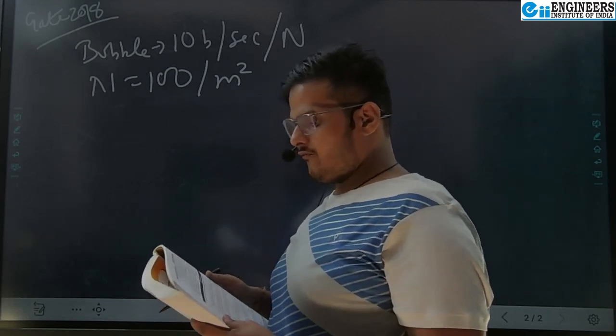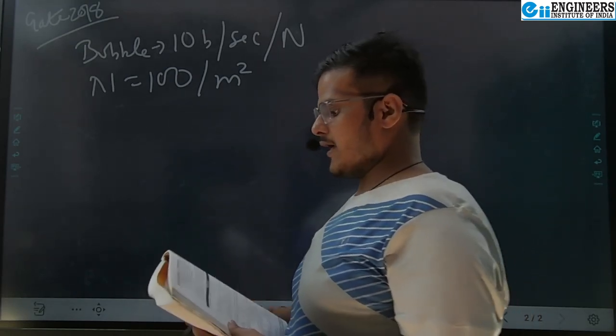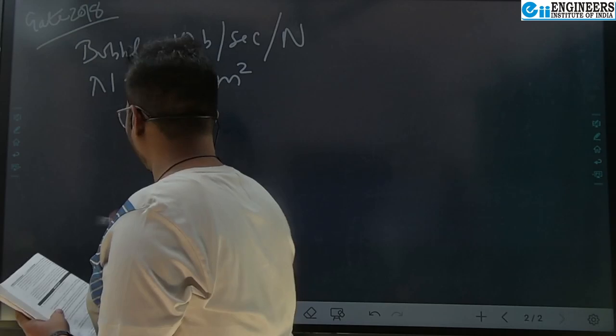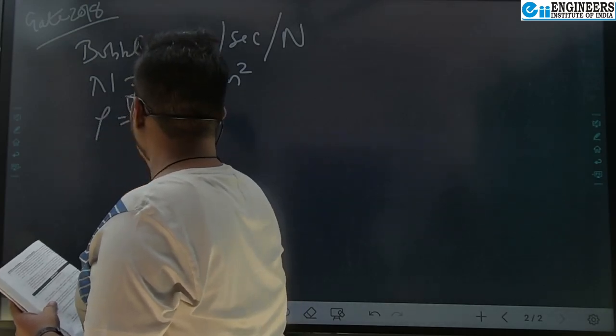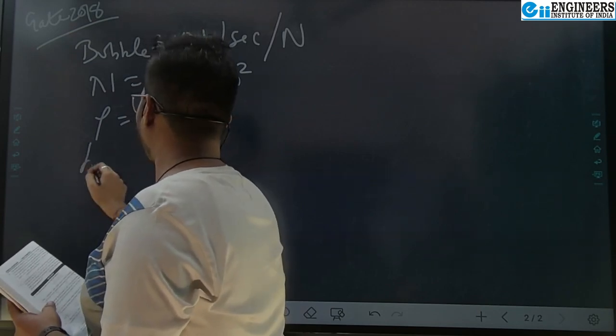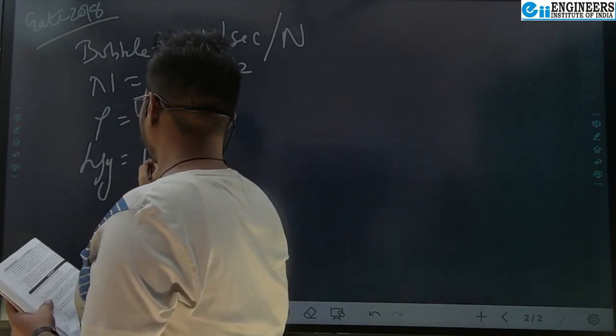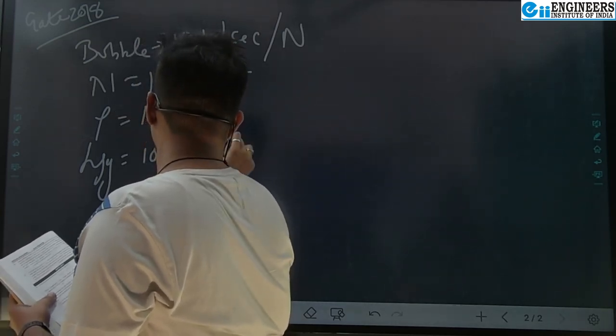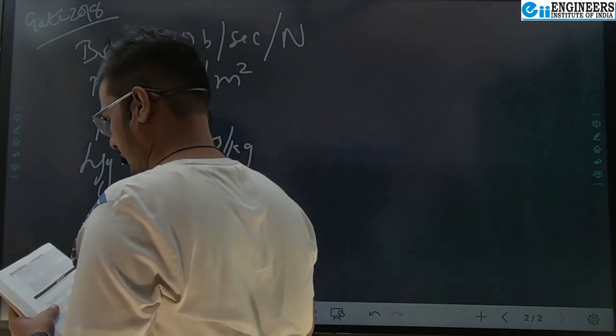The latent heat of vaporization and density of vapor under the operating condition are 1000 kJ per kg and 1 kg per meter cube. So the density is 1 kg per meter cube, and the latent heat of vaporization is 1000 kilojoule per kg.